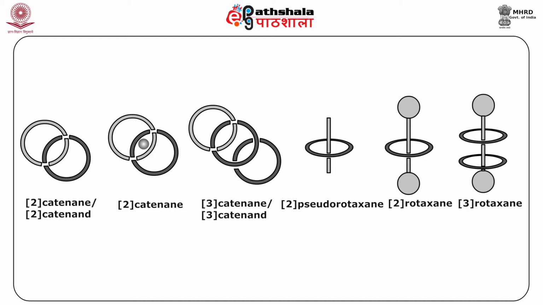The interlocked ring system can also do the same, and that can act as a ligand in this situation also for a suitable metal ion. So apart from catenane, catenand and catenate are also nomenclature systems for catenanes. The catenand is the free ligand that forms a catenate complex in presence of a suitable metal center.